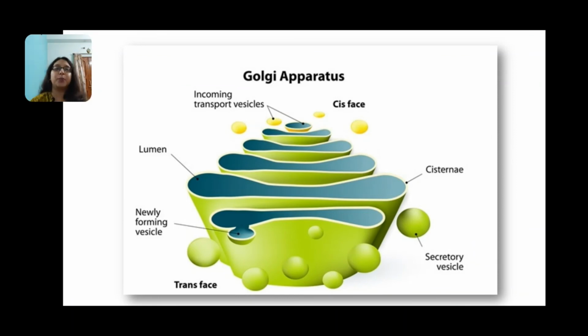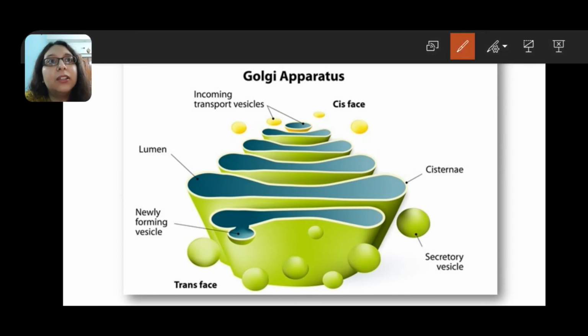In this picture, just have a look. We are trying to show the cis phase and the trans phase. This is the cis phase, this is the trans phase. There are some transport vesicles which move from the cis phase towards the trans phase.